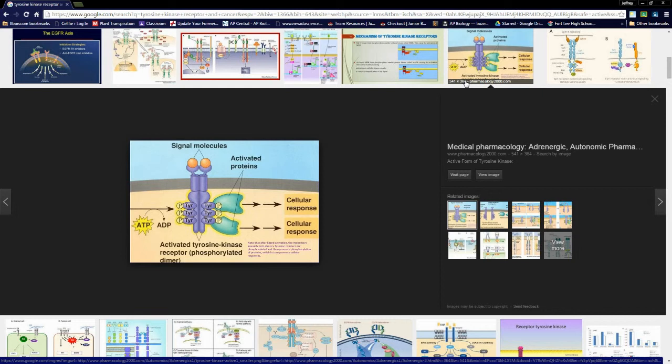So the genes that form the tyrosine kinase would be considered oncogenes. If I were to have a mutation in my tyrosine kinase receptor, and this receptor perhaps forms a dimer that is unable to separate, therefore continuously phosphorylating, that could be the starting point of a cancerous growth. Right? So that would be a great example of an oncogene.